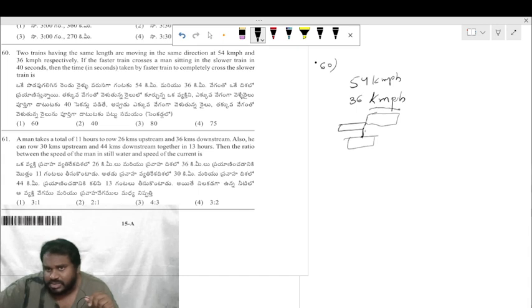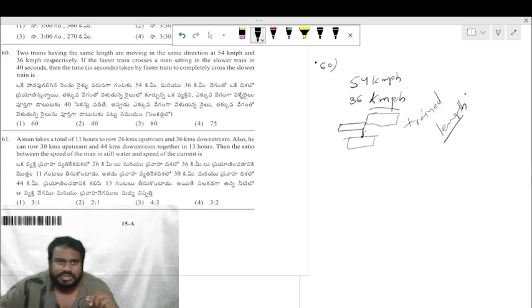It traveled the distance of the train length. Which train? The faster one, because both trains have the same length. So it is L only, and this is also L. To cover this L distance, it is taking 40 seconds.